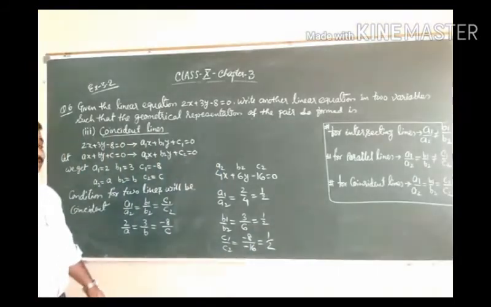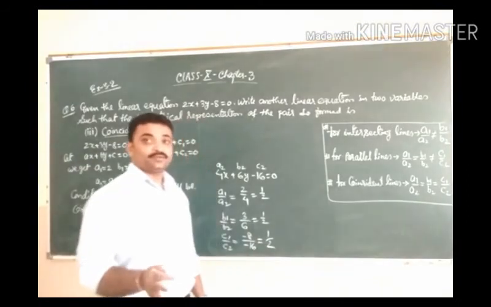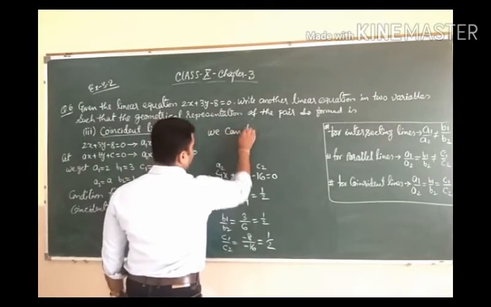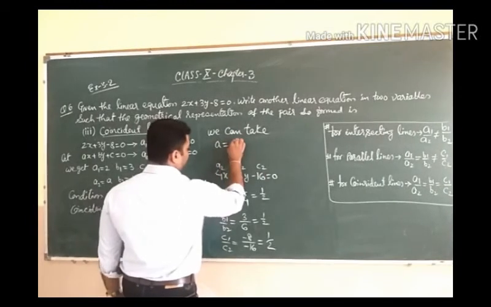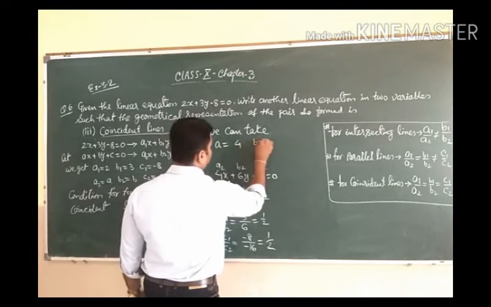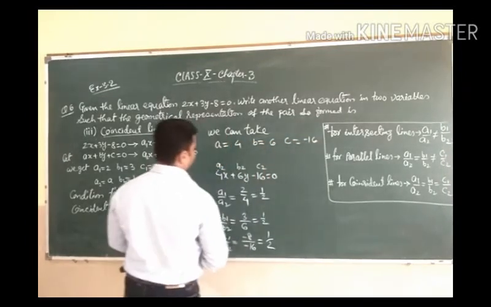So you can take any multiple of equation number 1, or what is given equation. So we can take a is equal to 4, b is equal to 6 and c is equal to minus 16.